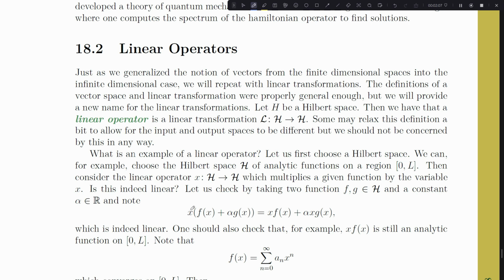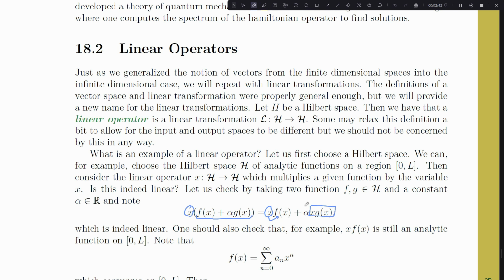The first one the book shows is the x there. It's really saying, let's define an operator L on f as x times f. So is multiplication on the left of some function by x a linear operator? We can just check that multiplication by x on a linear combination of two functions is x on the first function plus alpha times x on the second function.